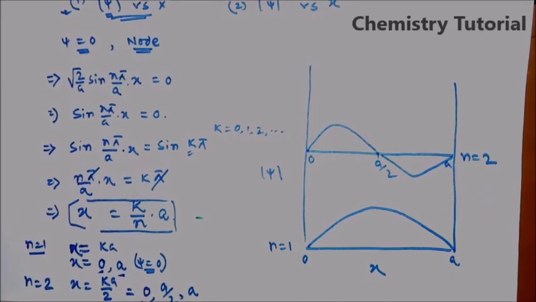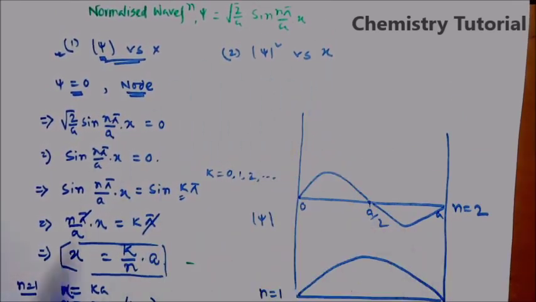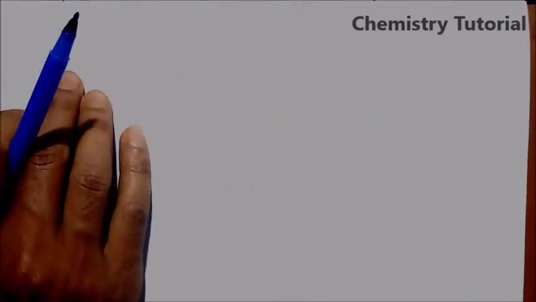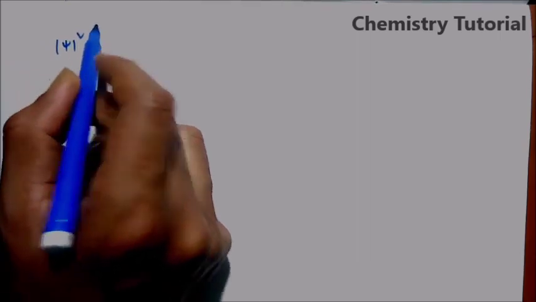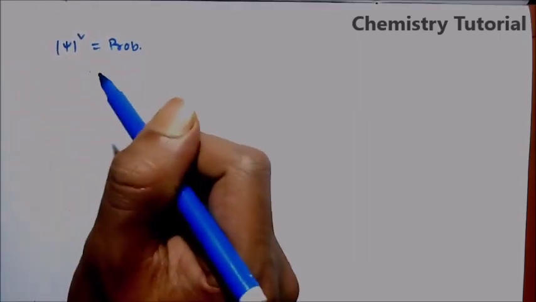Now we'll see the second graph, that is the probability versus x graph. If we see psi square, this is the probability of finding the particle inside the box.